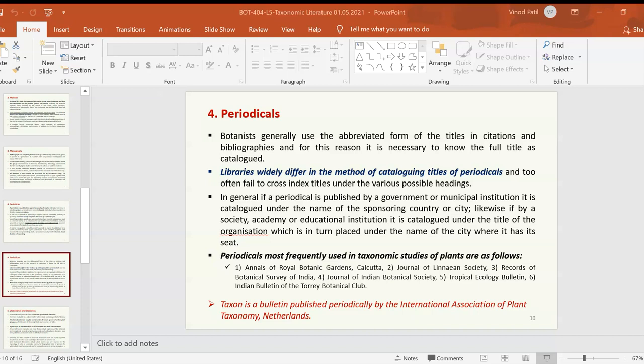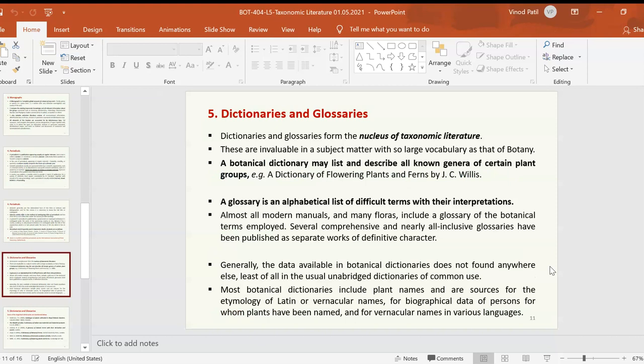And publishing a finding in this high-rank periodical is a good achievement of a person. So one can go to Taxon for their publications and getting the credits.